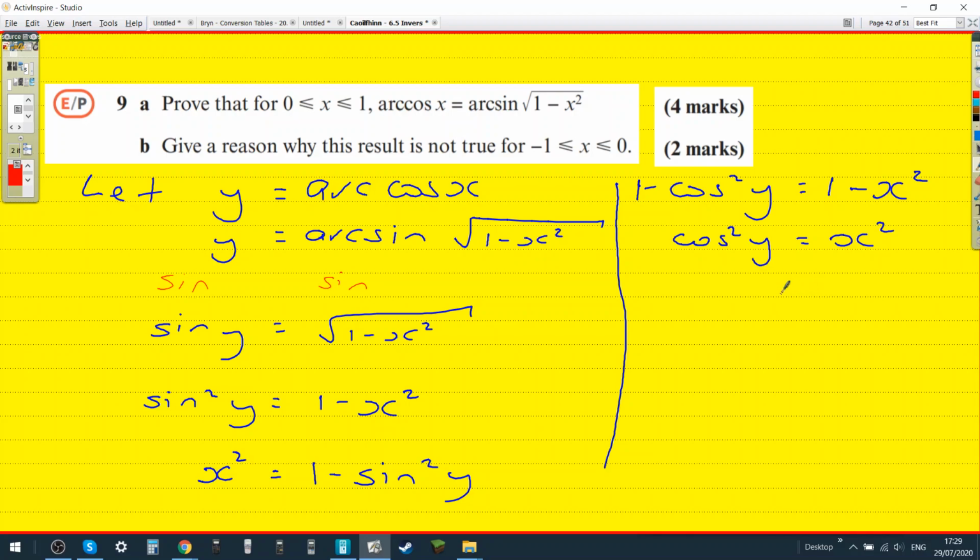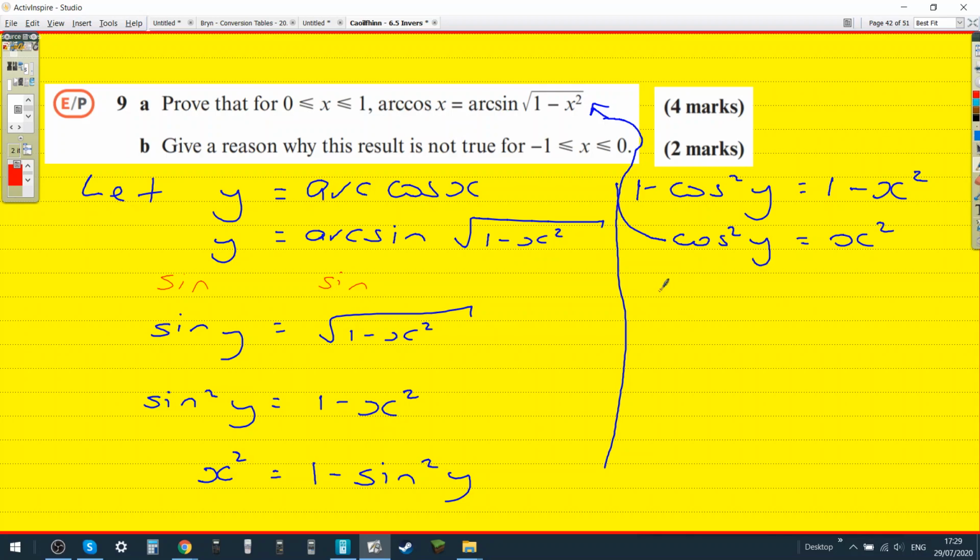And so sub that into there. What do you mean? So x squared is cos squared y.